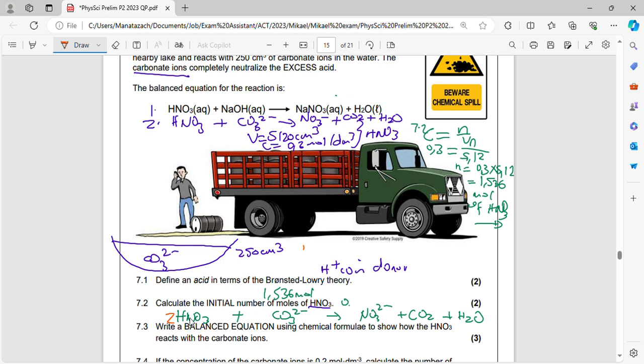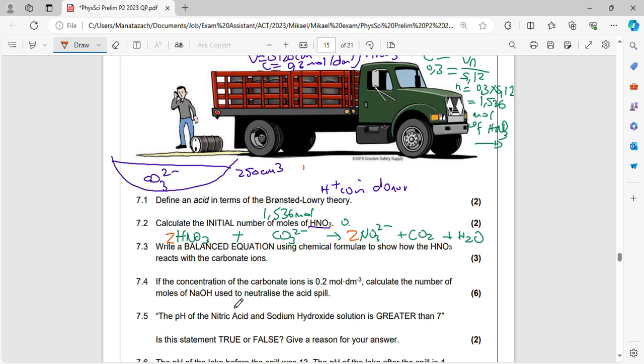The nitrate is going to be in balance, so on the right hand side we'll write another 2. Now the nitrate will be balanced. Everything else now seems to be balanced. You can check the oxygen. You've got 6 on the left hand side plus 3, which is 9. Then you've got 6 on the right hand side plus 3, which is 9. So everything now is balanced. That would be question 7.3.